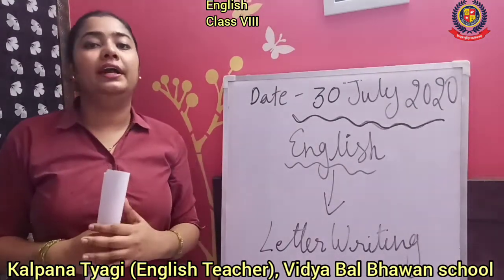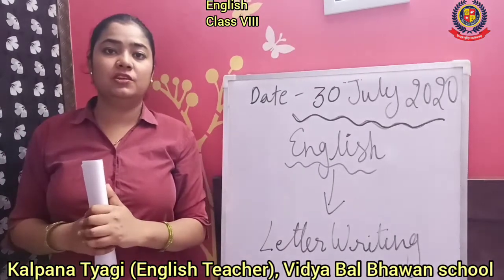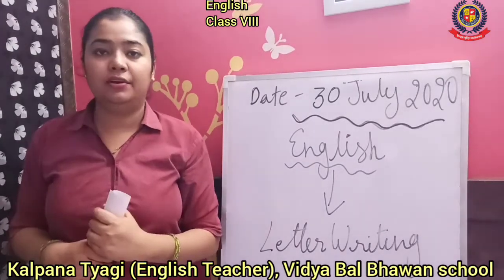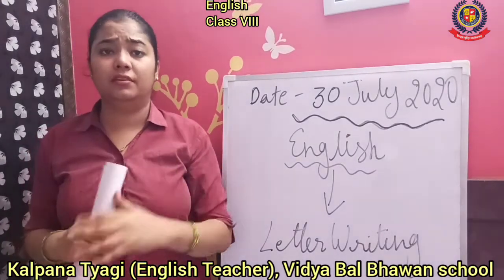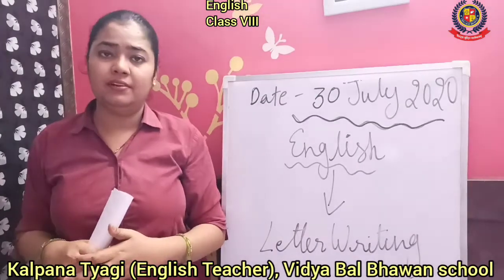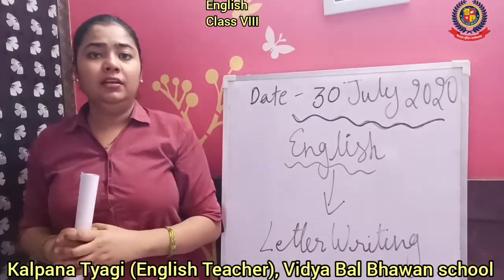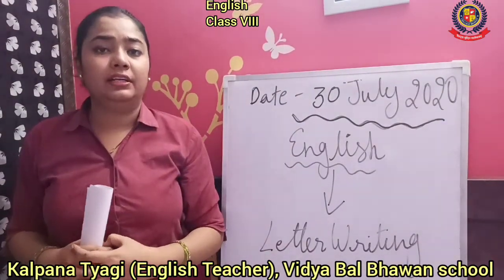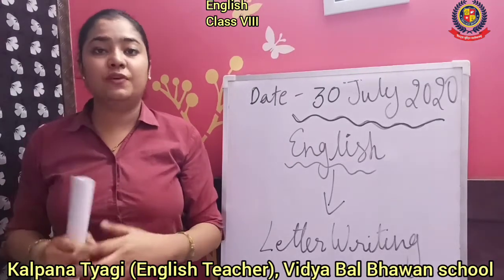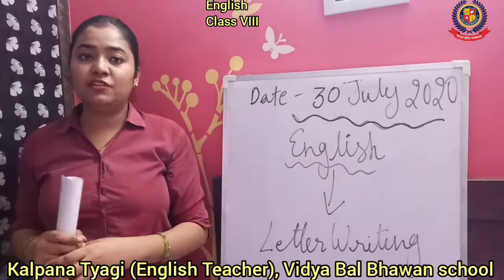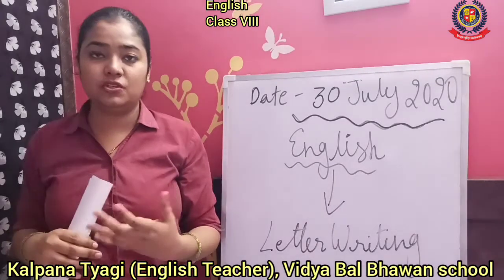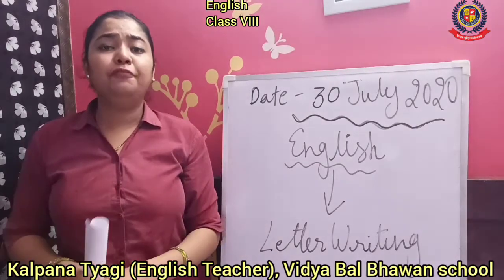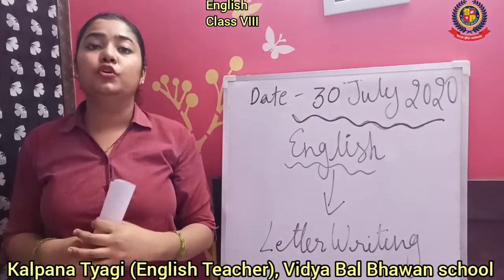But if you wish to write a letter to any agency or organization, the format is: first of all, the address of the writer, or you can say the sender's address. Leave a line, then the date in this format. After that, leave a line, then the receiver's address, which means the address of the agency or organization to which you are sending your letter. Again leave a line, then your subject.